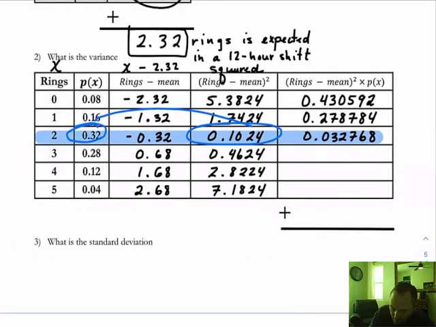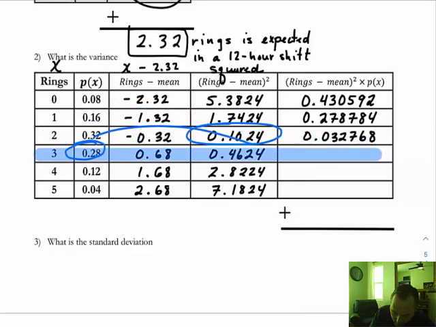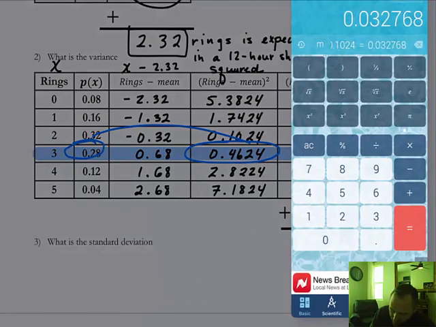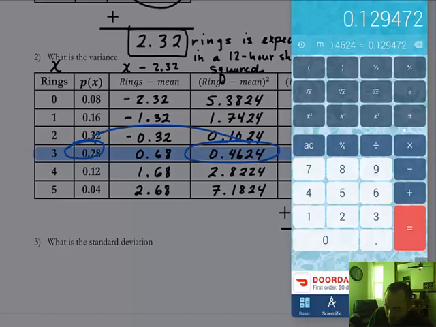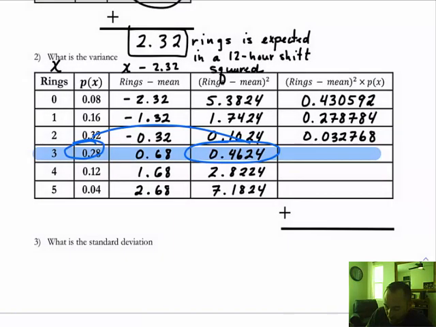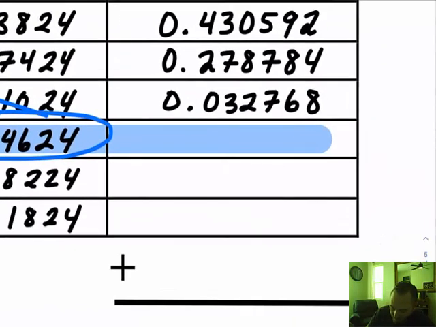Okay, halfway there, let's keep going. Next one here, we're going to take the 0.28 times the 0.4624. Equals 0.129472.